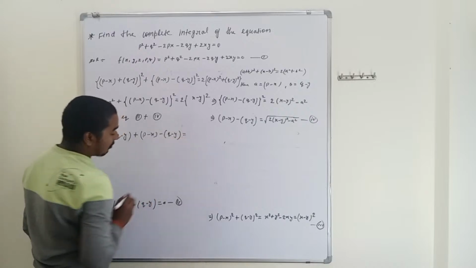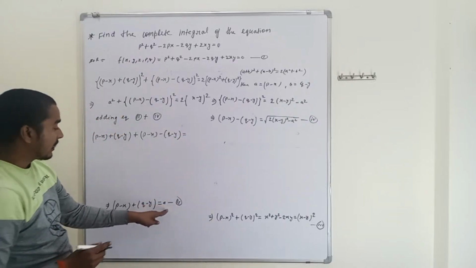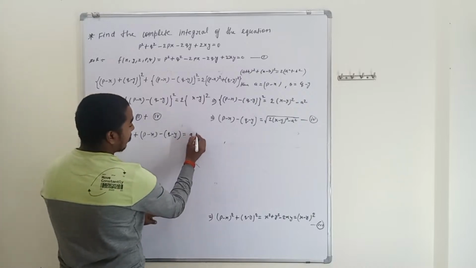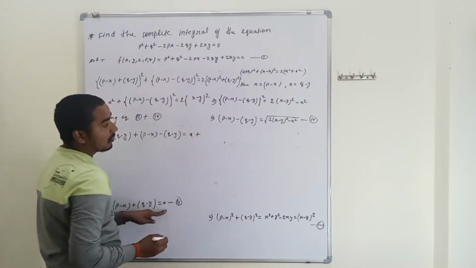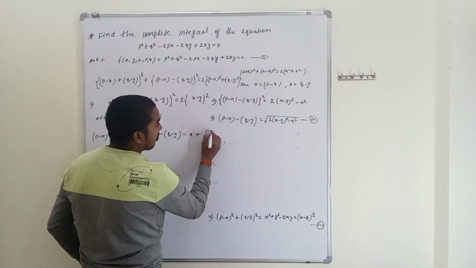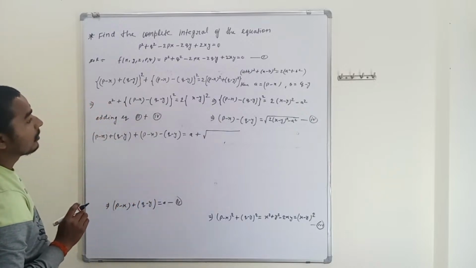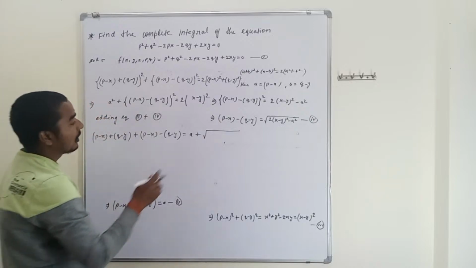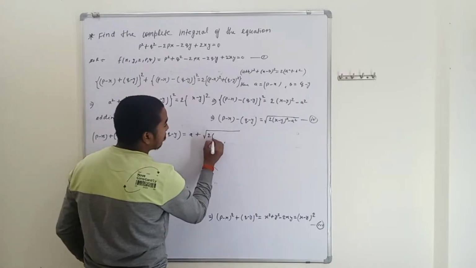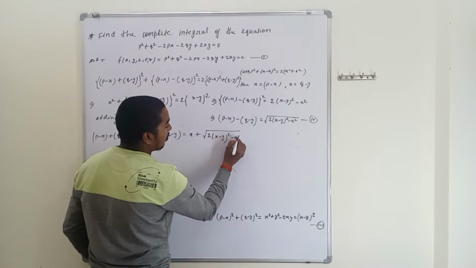And further, equation second of right hand side is a, and equation fourth of right hand side is under root of 2 of x minus y whole square and minus of a square.